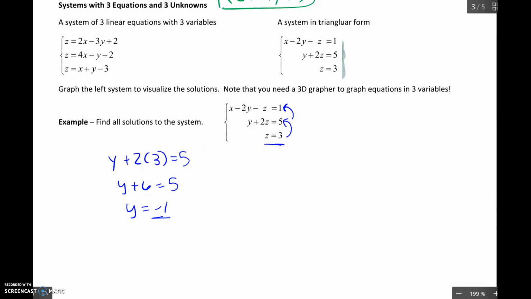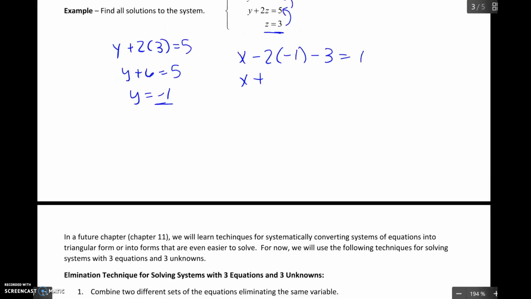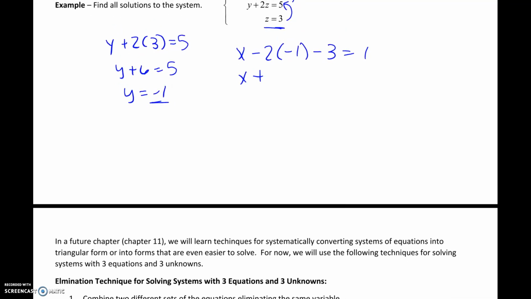So x minus 2 times -1 minus 3 equals 1. So x plus 2 minus 3 equals 1. x minus 1 equals 1. x equals 0. So our solution is still a point.